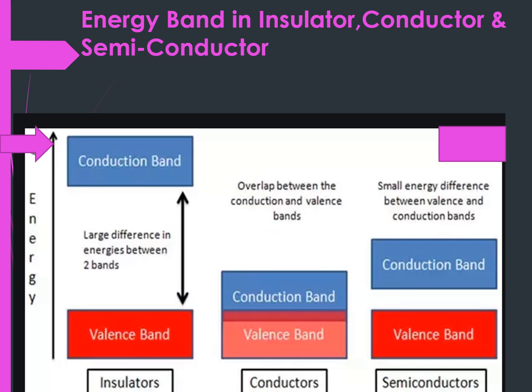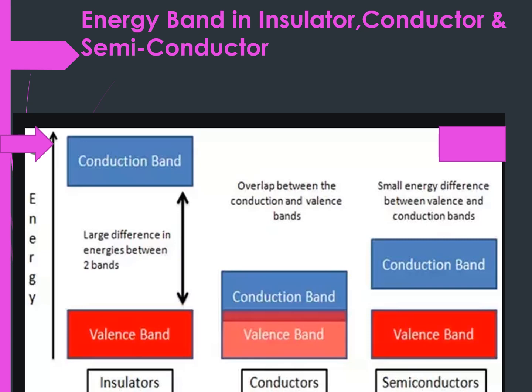The forbidden energy gap is larger in an insulator. It is about 6 to 9 electron volt. The electrons require about 6 to 9 electron volt of energy to jump from the valence band to the conduction band.